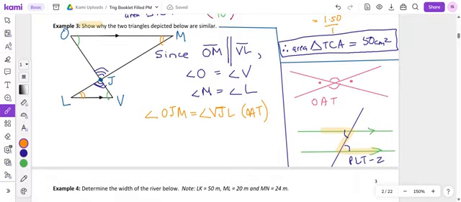So since all of that, now I can say, therefore, triangle OMJ is similar to triangle VLJ.